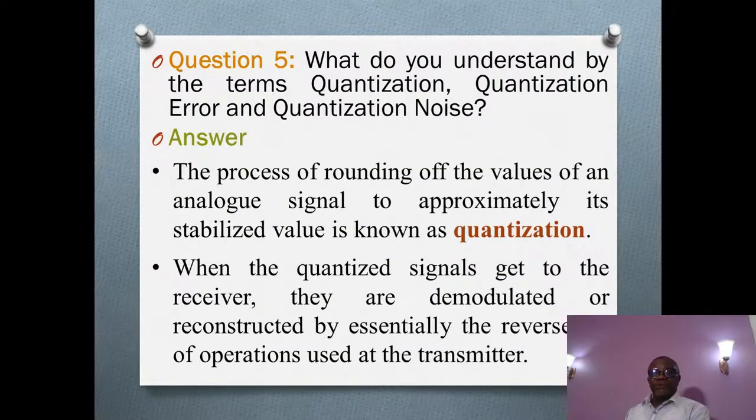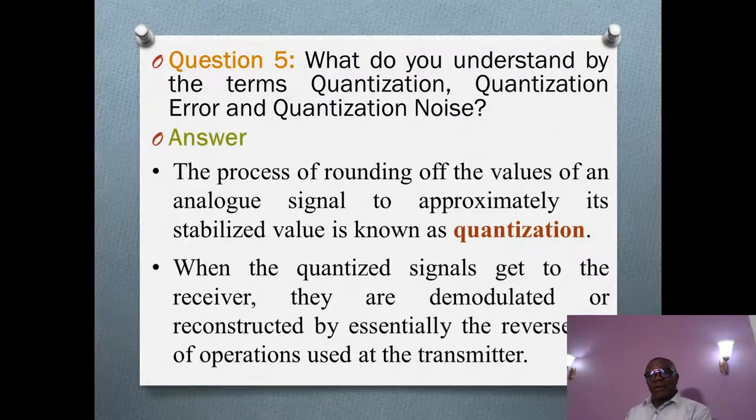So, question 5, what do you understand by the terms quantization, quantization error, and quantization noise? When we were looking at the block diagram of the pulse code modulation system, we saw the quantizer.